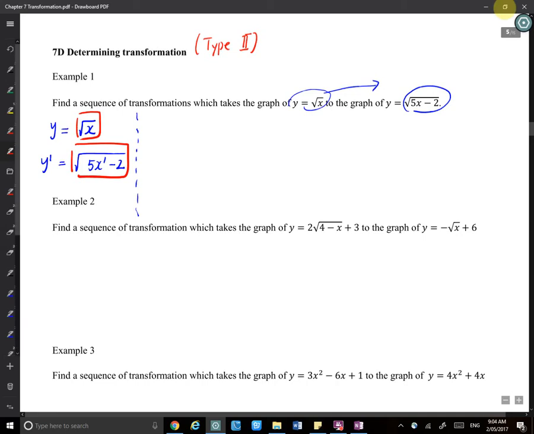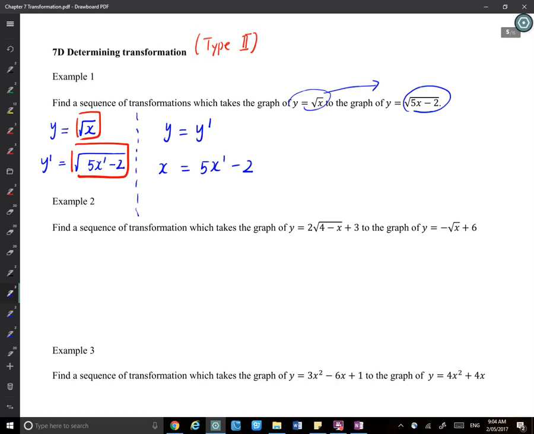So what I can have is y equals y dash, and x equals 5x dash minus 2. When I equalize the x side, I do not need to include the model itself. The square root is the model. I just need to equalize the thing I insert in the model, what I put inside the square root.